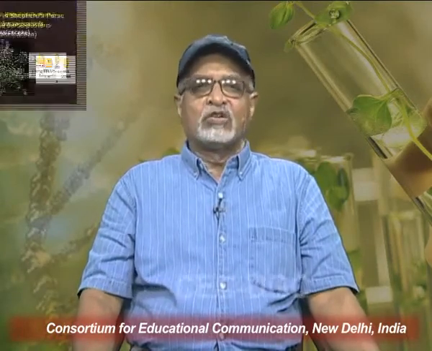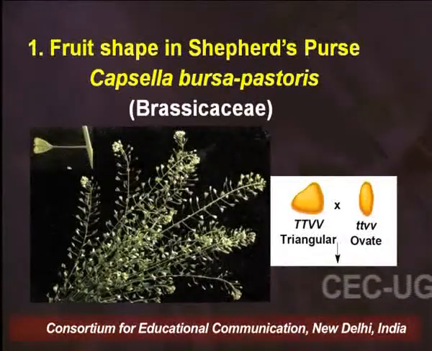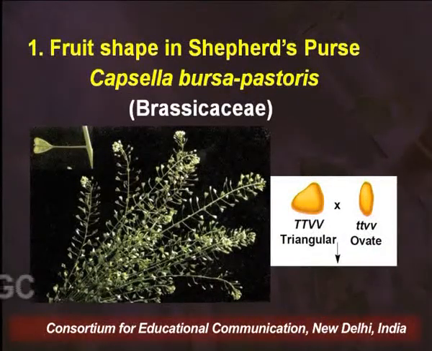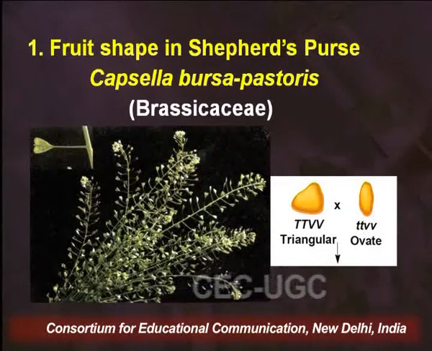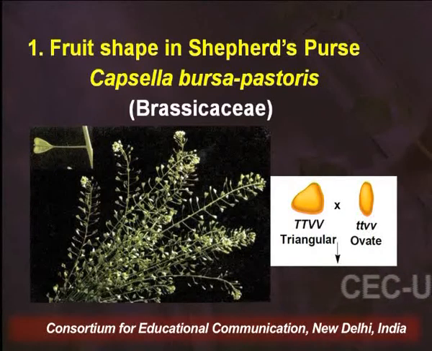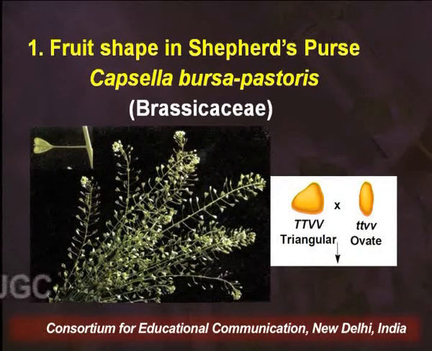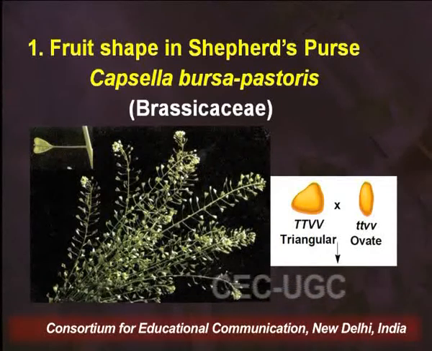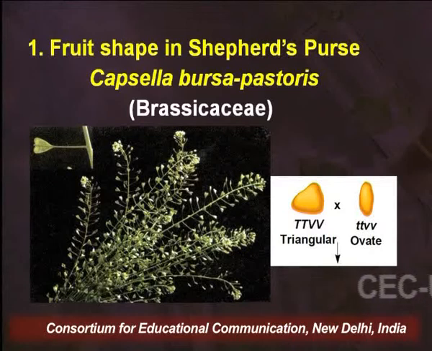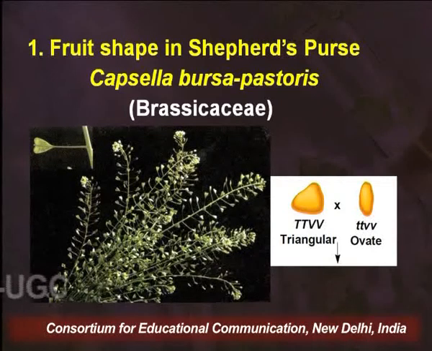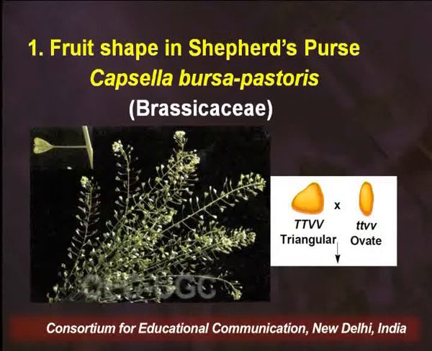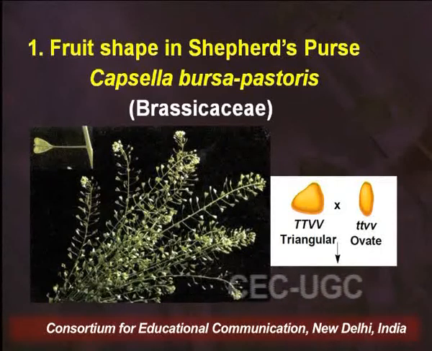Let us illustrate this with the help of certain examples. As you can see on your screens, the first example happens to be of the fruit shape in shepherd's purse, a classical plant, Capsella bursa-pastoris, of the mustard family Brassicaceae, which has earned a high name in our studies on embryology, in ultrastructure of eggs and fertilization. Here we find that there are two types of morphologies of the fruits.